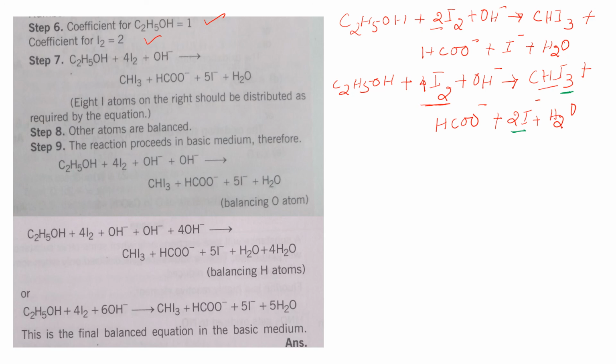On the right hand side it is deficient of 3 iodine. So what I have to do, I have to add 3I minus here. If I add 3I minus here, it will not disturb anything.